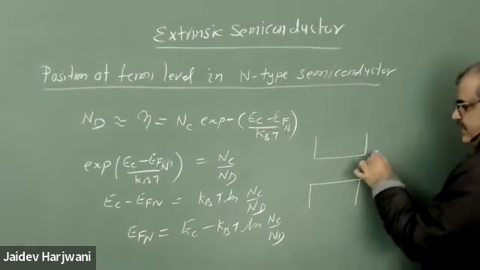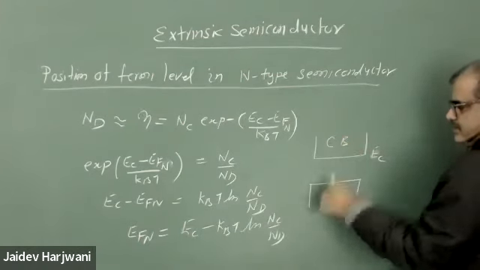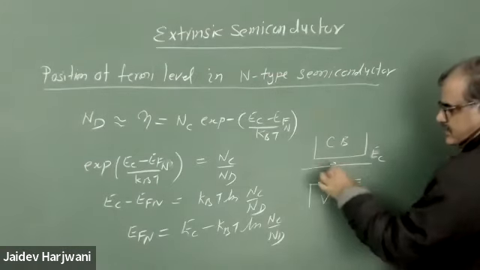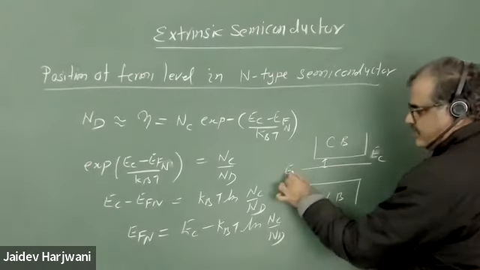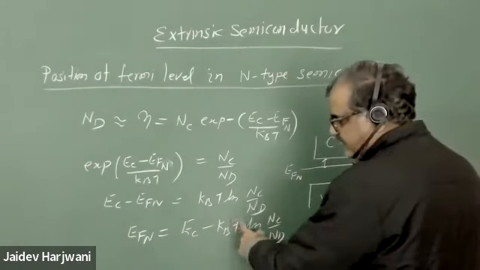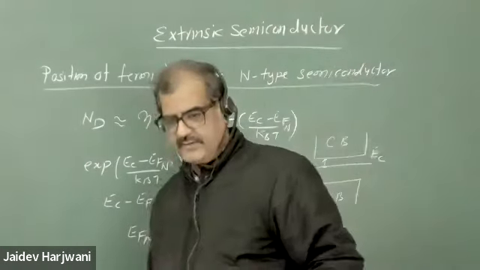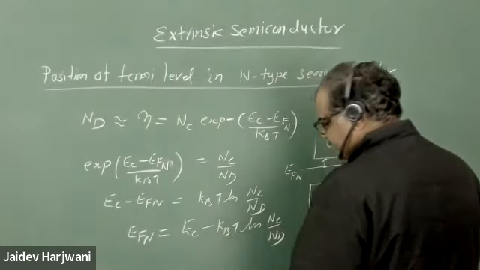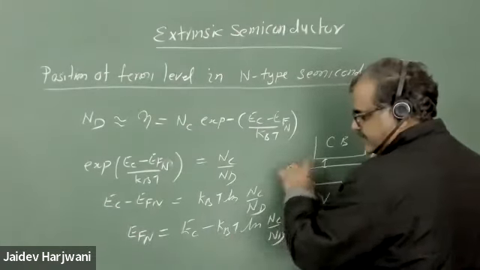Now if I have an n-type semiconductor, if this is my conduction band edge and this is my valence band, then somewhere close to the conduction band I will have the position of Fermi level. We can put in theoretical values. kBT is always very low, 25 millielectron volt at room temperature, so this value is very small compared to the band gap.